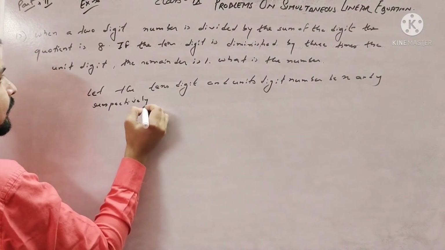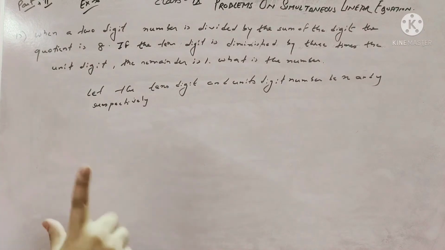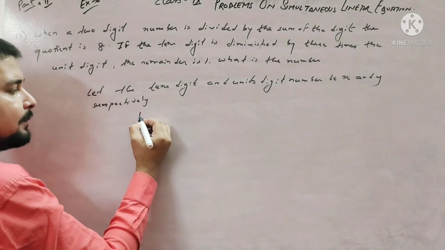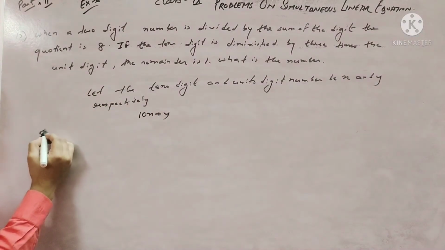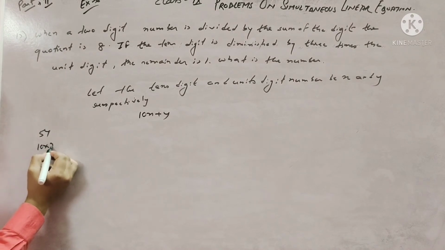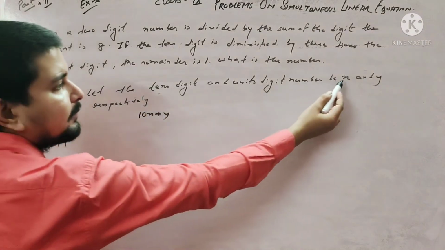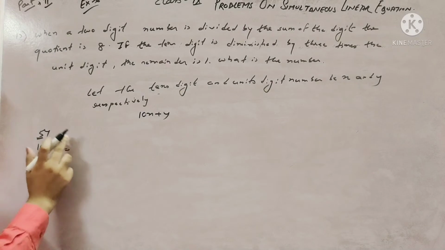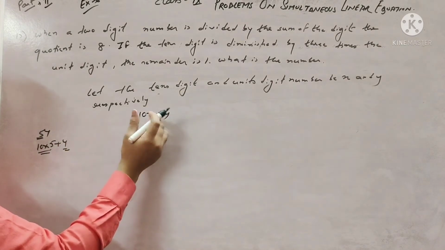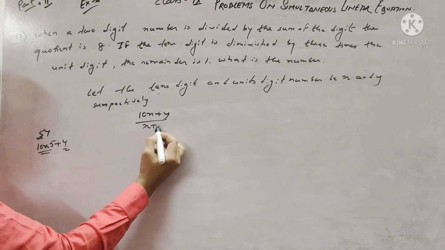So the 2-digit number is 10x plus y. For any number, say 54, how is it written? It is 10 into 5 plus 4, because 5 is in the tens place. This number is divided by the sum of the digits, 5 plus 4, that is x plus y.